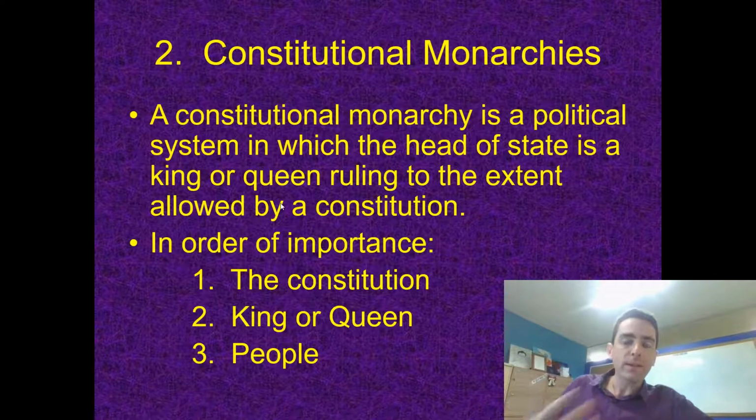It can either be written rules, just like in the US, or unwritten, uncodified rules, like in the UK. This is how the system works: what the king or queen can do, what powers they have, and also the powers that the government has as well. These are the things that you get in a constitution.